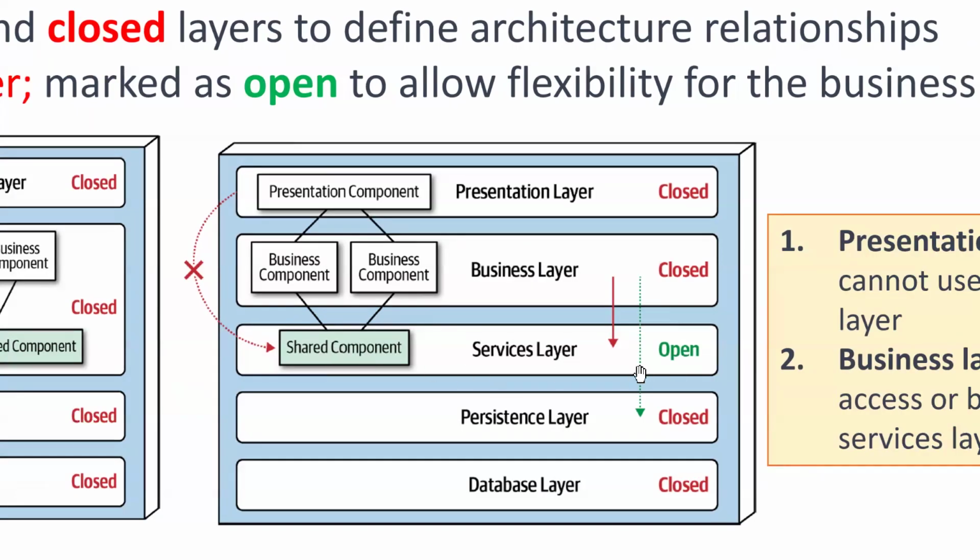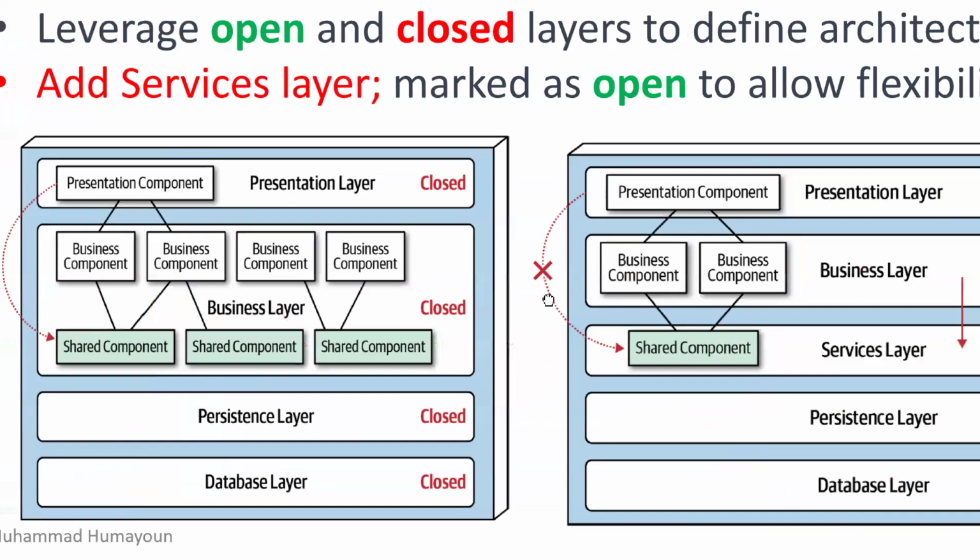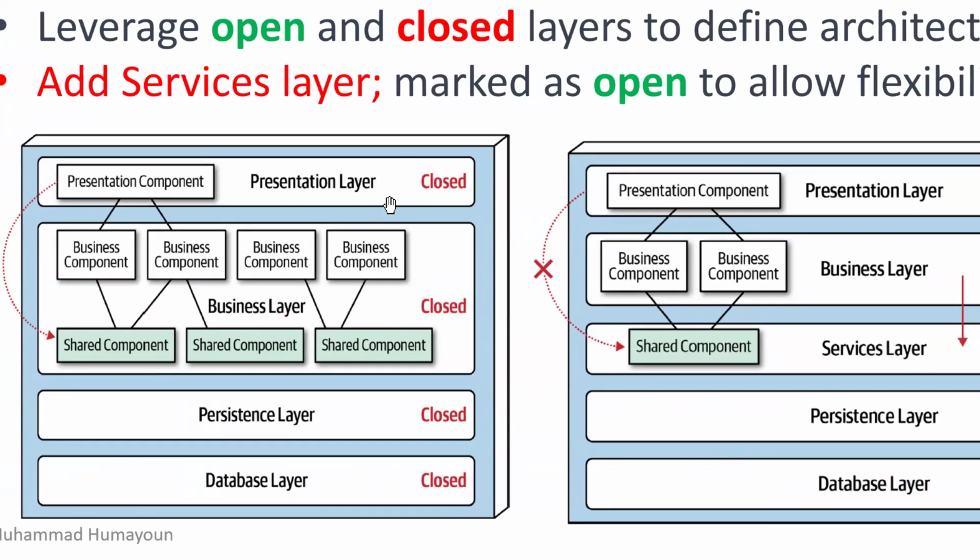In contrast, since this layer is open, the business layer can access the service layer, meaning these shared components, but it can also bypass the service layer and directly access the persistence layer. So the business layer can access the service layer, but also bypass it and access the persistence layer. This is what open means. Closed means only one level: the presentation layer accesses the business layer, which accesses the persistence layer, which accesses the database layer.